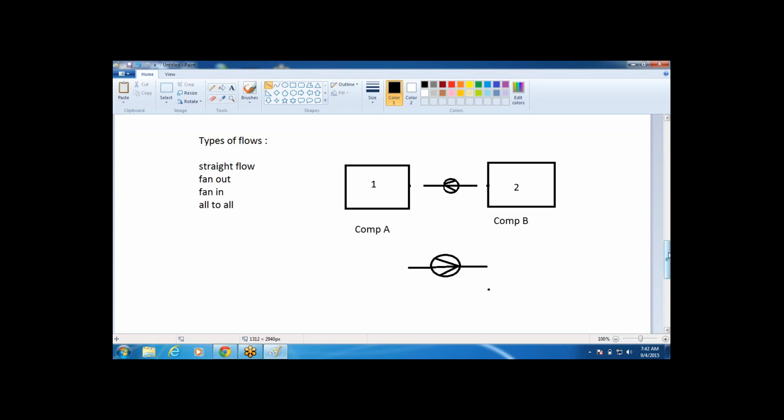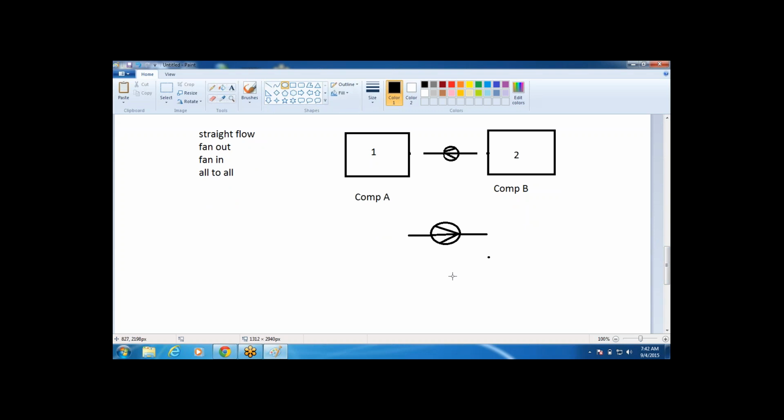And coming to the all to all, this is how the diagrams look whenever the flow gets created.